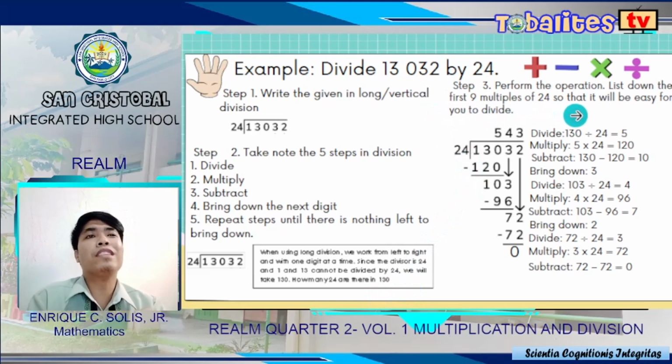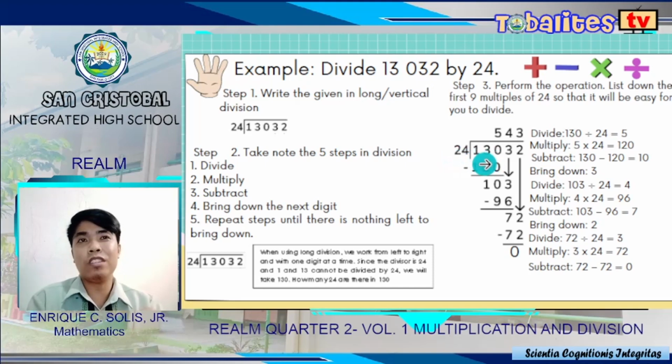For you to easily divide, you must list down the first 9 multiples of 24 so that it will be easy for you to divide. Since 1 cannot be divided by 24 and 13 also cannot be divided by 24, we will proceed at the 3 digits. So, we have 130 divided by 24, so we have 5.